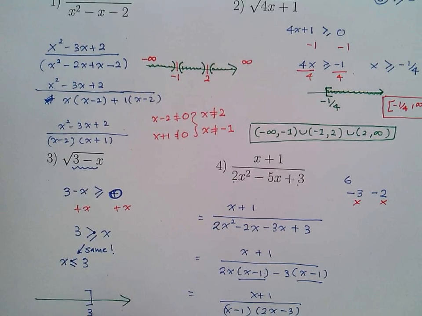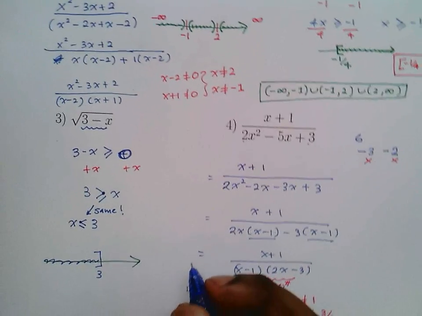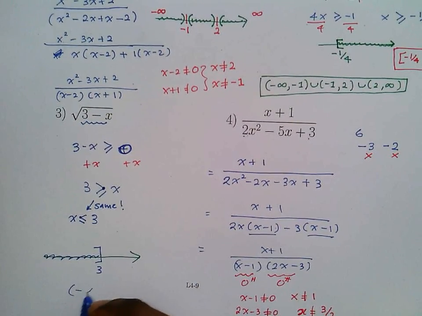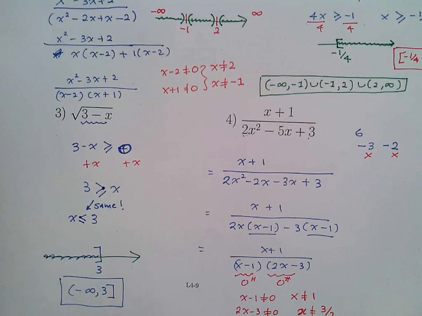So it can be 3, it can be anything less than 3, but no more than 3. So that would be negative infinity to 3. Alright, now you can look at the left side of your screen and answer the question regarding the domain.